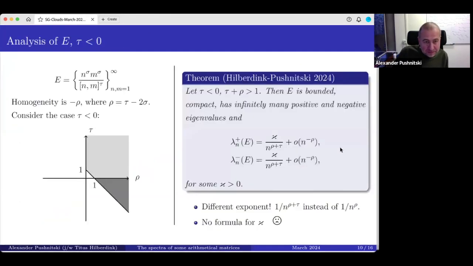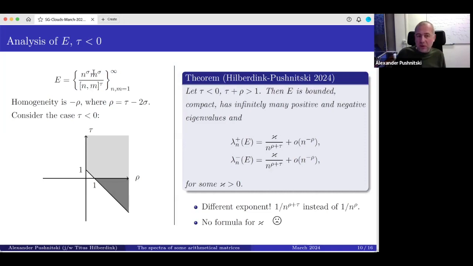Now let's move to the other case when tau is negative. I'm just repeating here the basic information about this matrix. When tau is negative, we are talking about this triangle in the lower half plane. In this case, the positive definiteness breaks down, and our matrix is not necessarily positive definite.